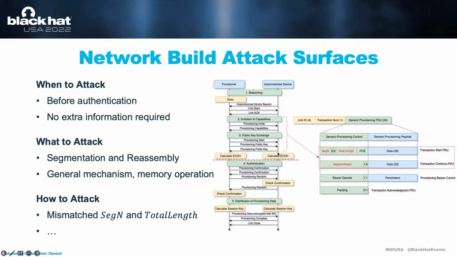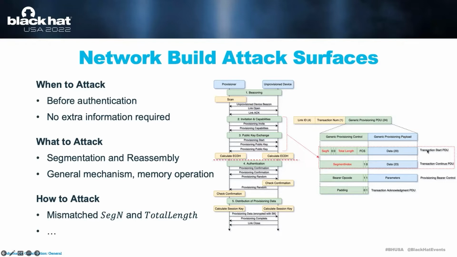After our study, we found that the segmentation and reassembly mechanism is a perfect target. The segmentation and reassembly are designed for transmitting extremely long data. It is realized through these two, the transaction start PDU and the transaction continue PDU.